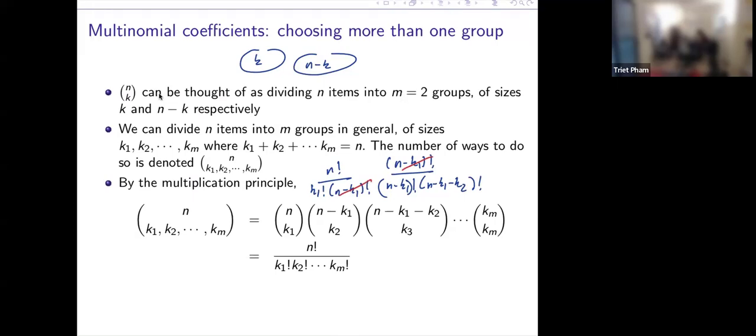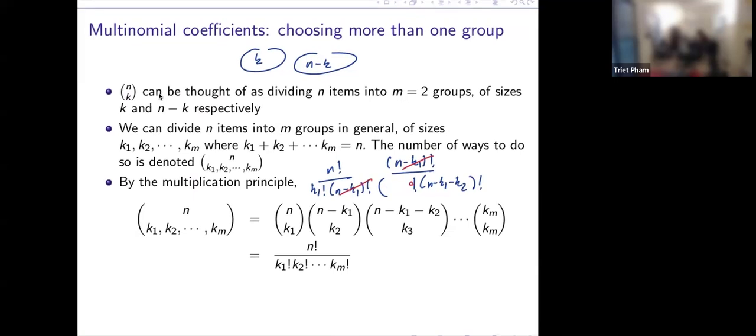Sorry, this is not n minus k1 factorial, it's k2 factorial, because it's n minus k1 choose k2. So the n minus k1 factorial cancels with this.